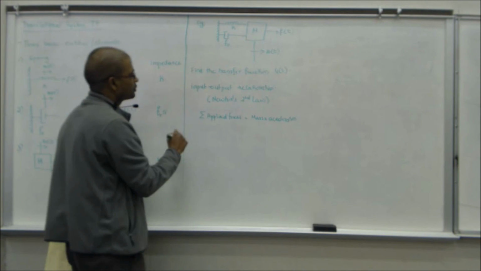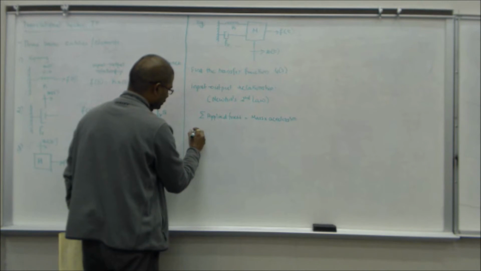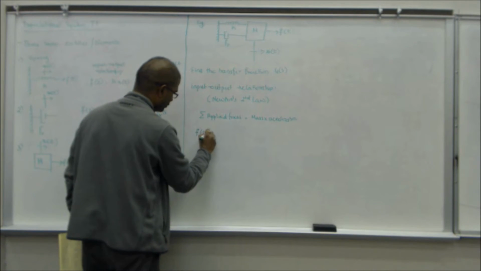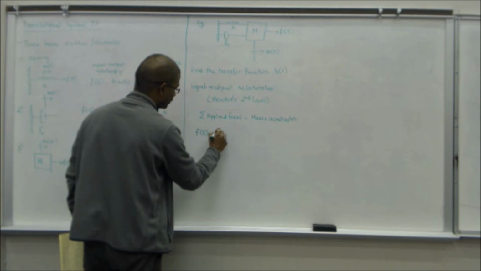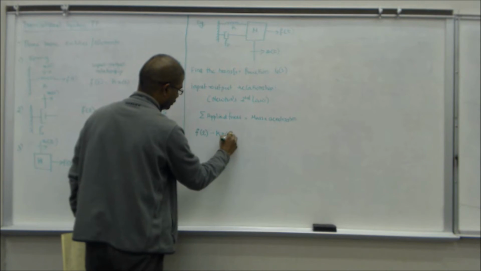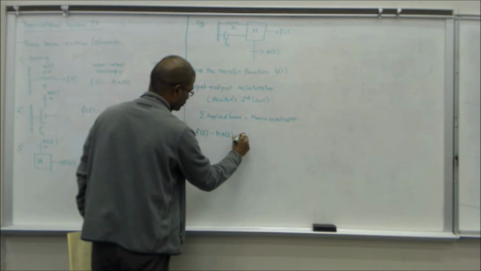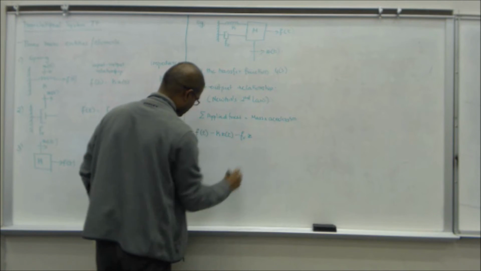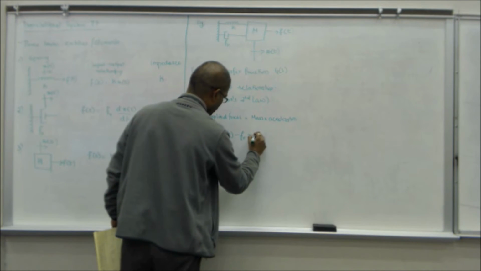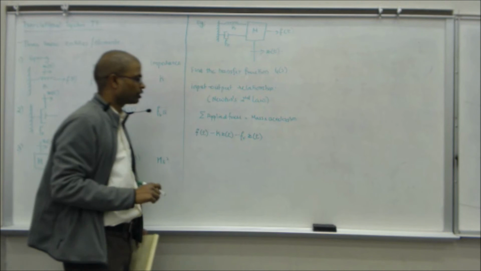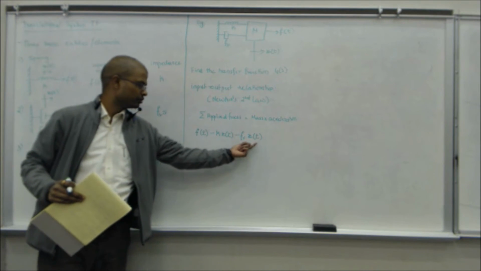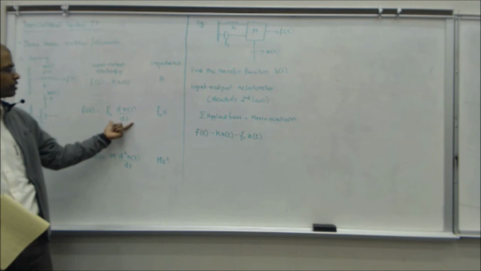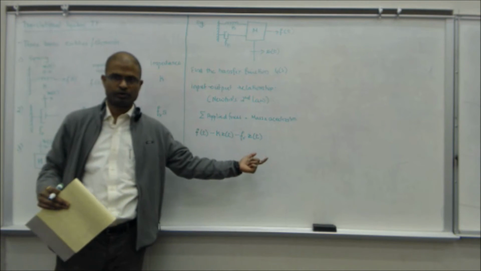Now, if you look at this, tell me if this makes sense. F of t minus K x of t minus Fv x dot of t. So x dot of t is what? Just this. dx by dt is x dot of t. That's what we're going to use. Okay.